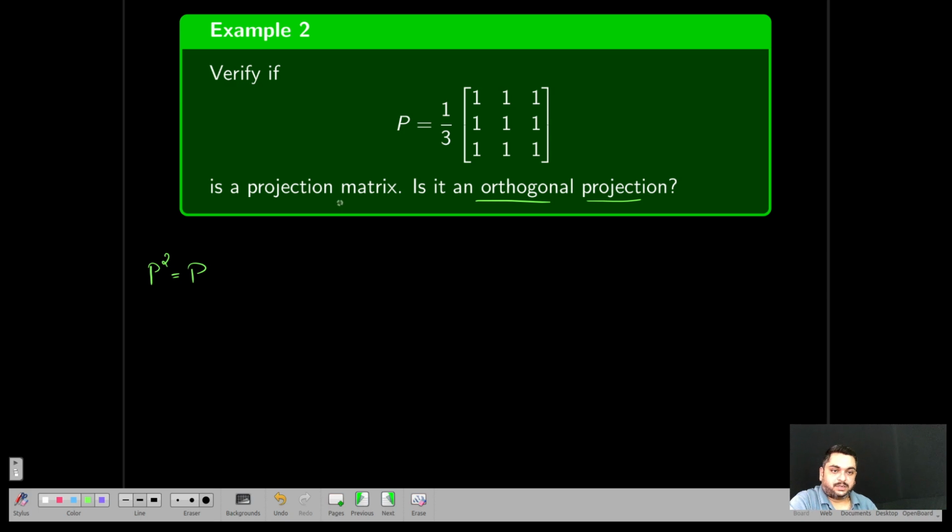So it is a projection matrix. Is it an orthogonal matrix? P transpose is equal to, if I transpose this, I will get the same matrix again. Therefore it is an orthogonal projection.